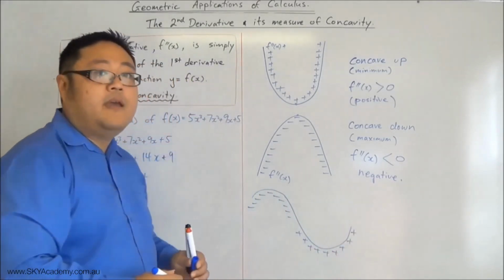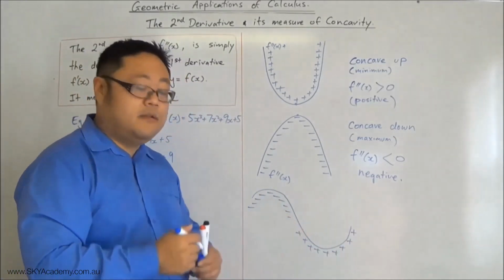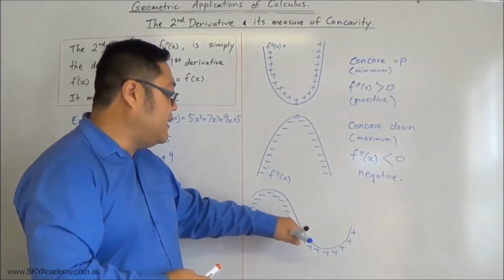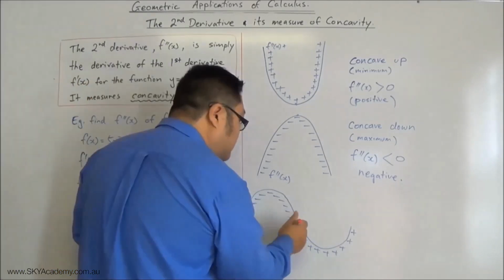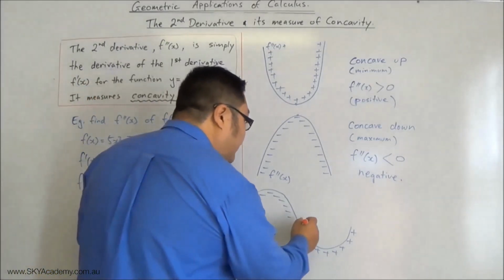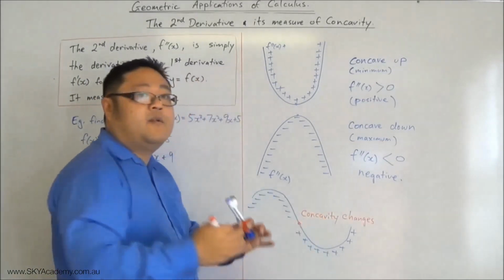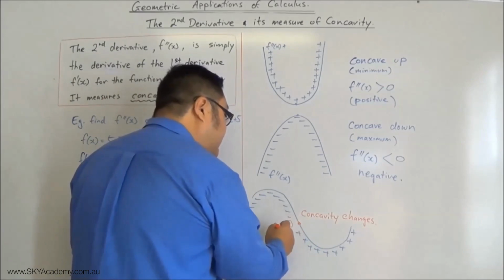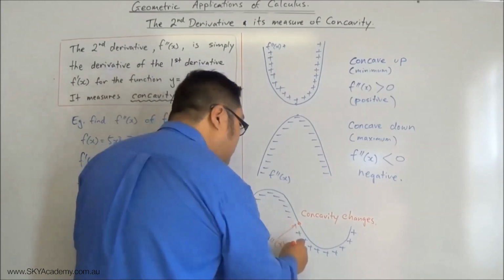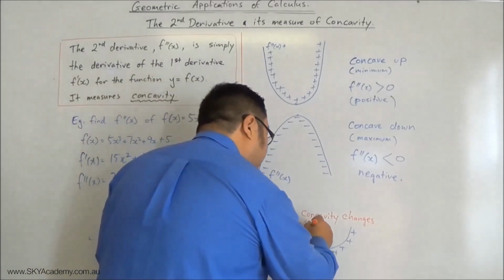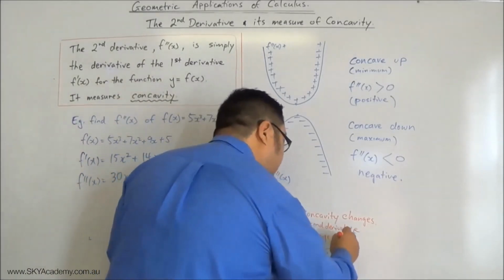And there's a point right in between the negative and the positive, let's say it's that point there, where the concavity changes. At the point where the concavity changes, not only is f double dash equal to 0, which is what you would expect, but the second derivative changes sign.